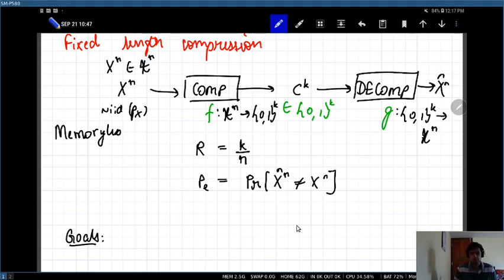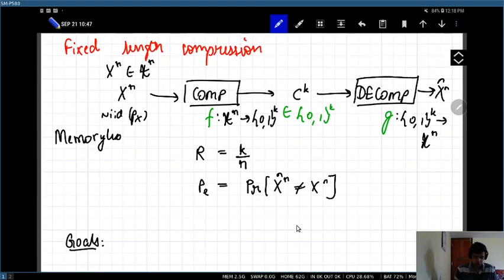And our goal is to have a small probability of error, right? So our goal is to somehow design an algorithm which simultaneously minimizes the rate as well as the probability of error, right? So that's the goal of fixed length compression.